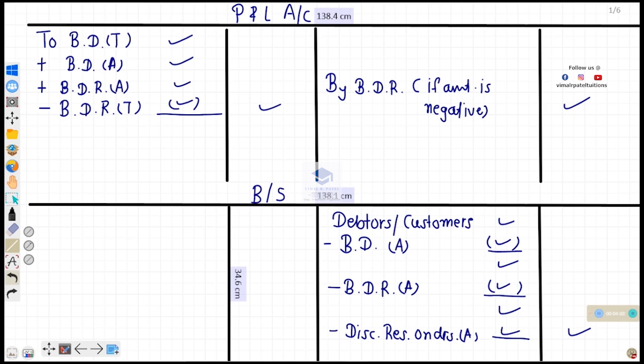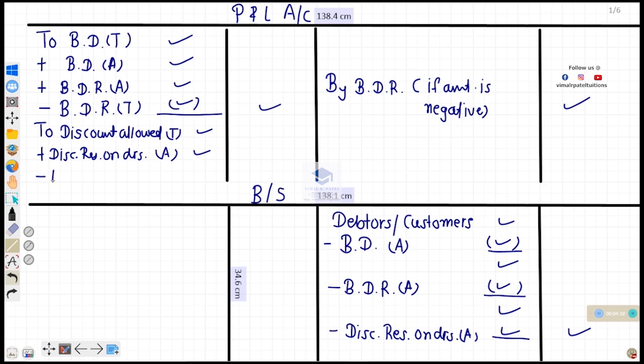Now, discount allowed or discount given? Given in trial balance plus discount reserve on debtors, which we have subtracted from debtors.